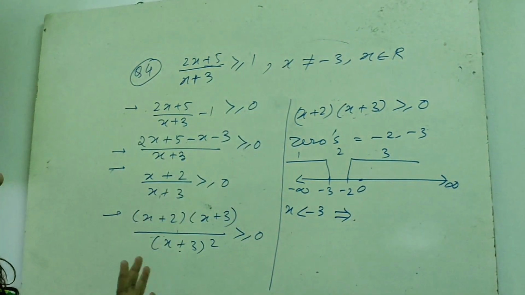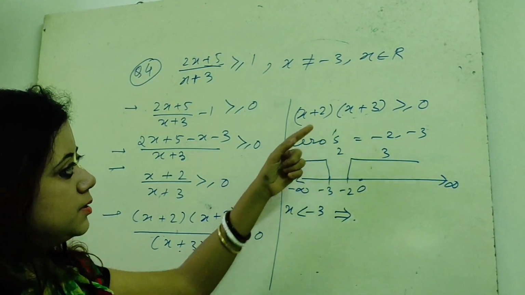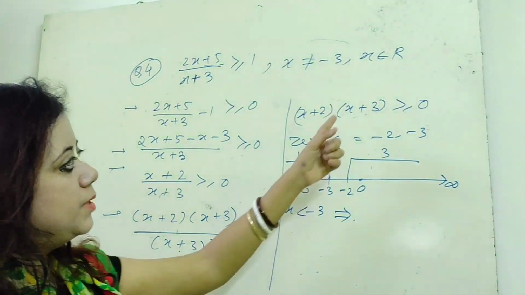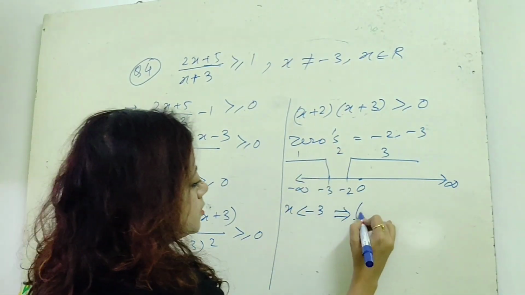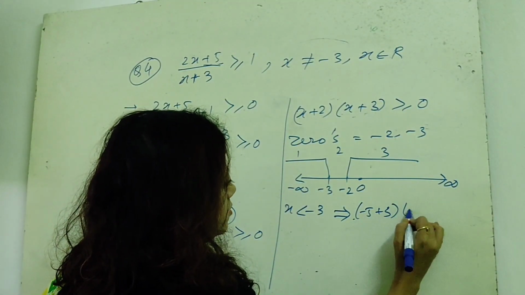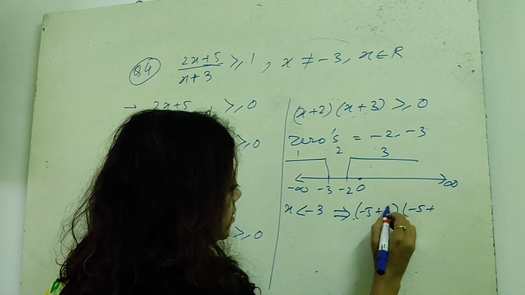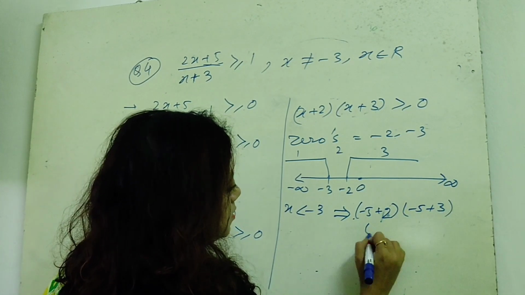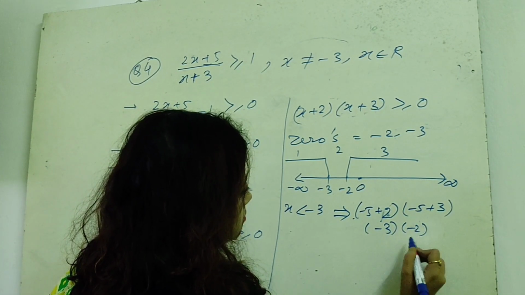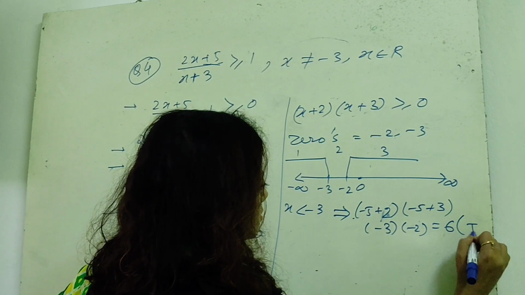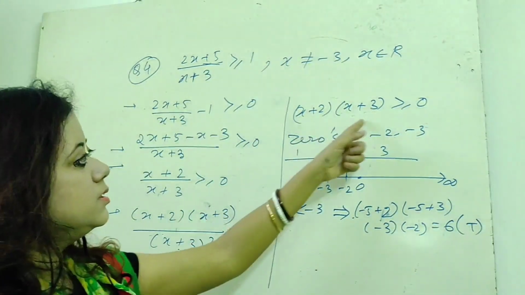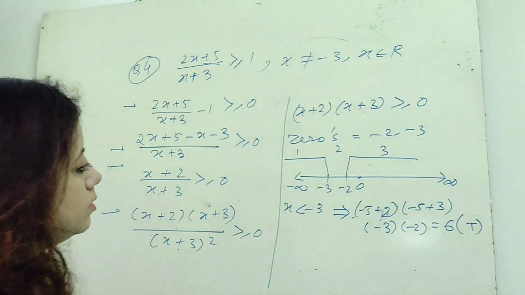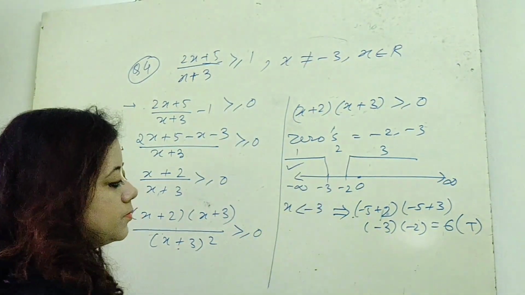Suppose x is minus 5: minus 5 plus 2 is minus 3, minus 5 plus 3 is minus 2. The product, minus 3 into minus 2, is positive, 6. True. It tells you the expression is positive, so this is checked.